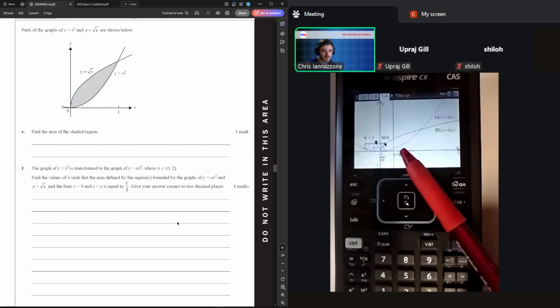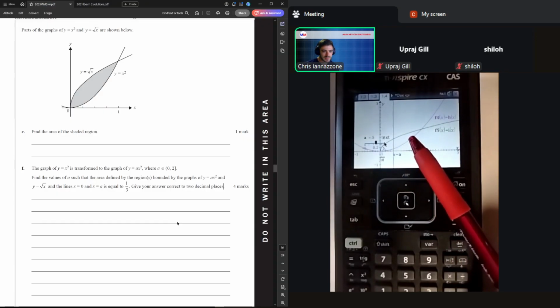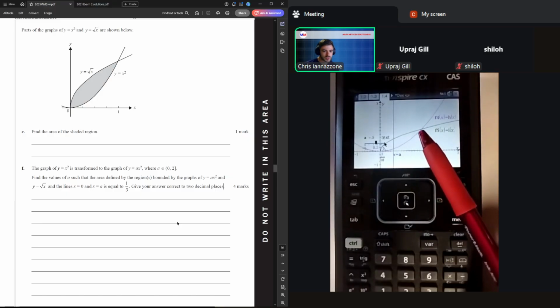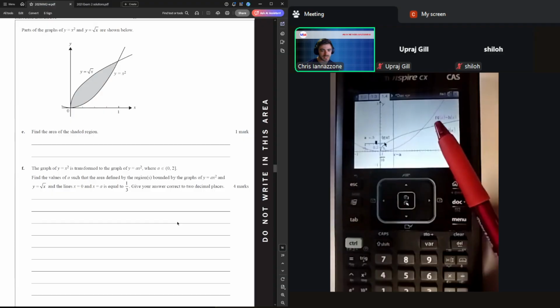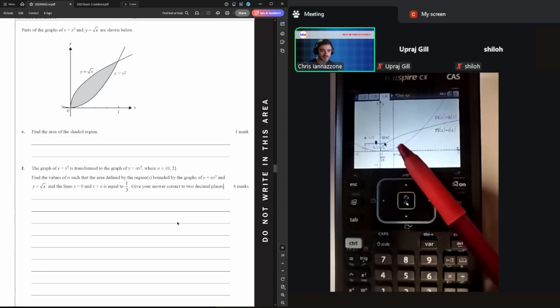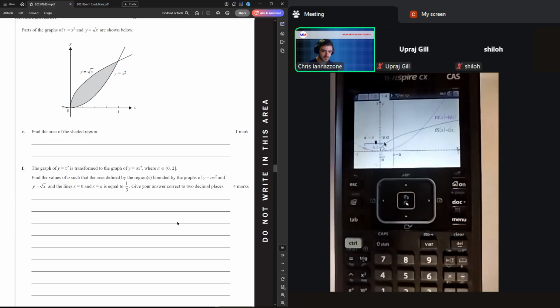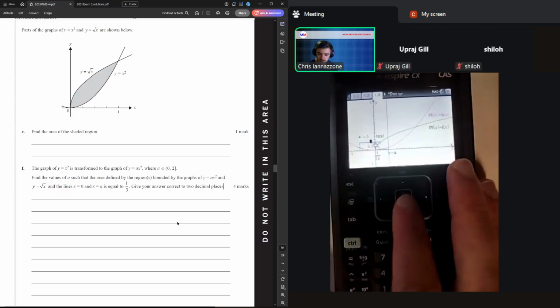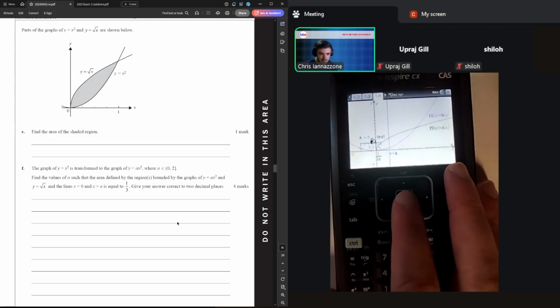When your x equals a is to the left of the crossover point, you don't have to have a second integral for your top take bottom scenario. You've just always got top take bottom with one scenario, one function. One function is above the other for the entire duration. But as soon as your a gets greater than 1, suddenly you now have 2 to worry about.